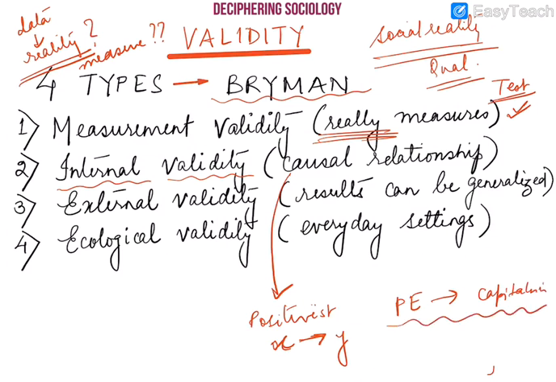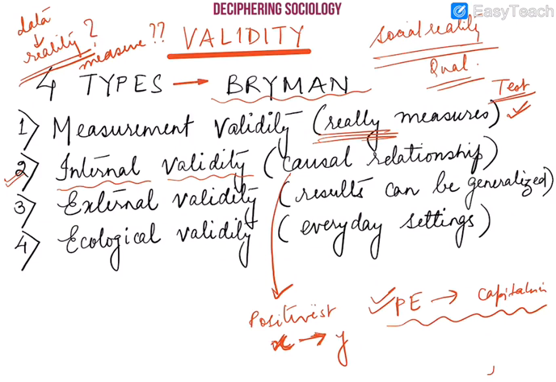So what does this test do? This test will determine whether what the researcher is saying, that X leads to Y or the Protestant ethic leads to the spirit of capitalism, reflects reality, whether it is real or not.